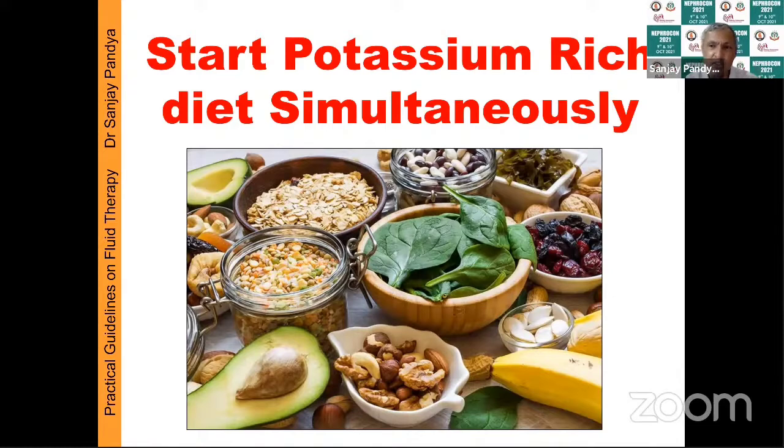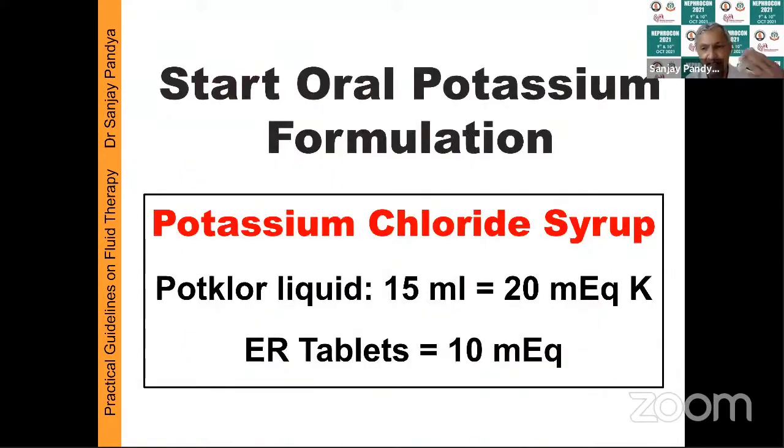If the patient is able to take orally, then simultaneously we would like to give potassium chloride syrup, Potchlor being widely used. 15 ml contains 20 milliequivalents of potassium. Tablets are available; the commonly used tablet contains 10 milliequivalents of potassium.